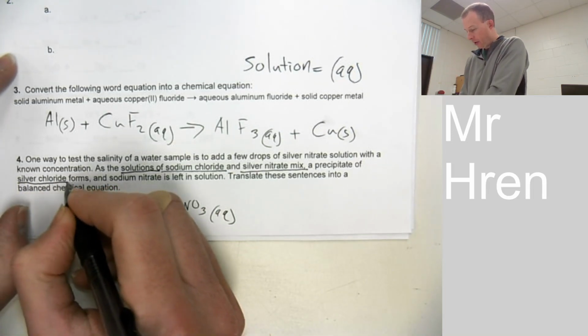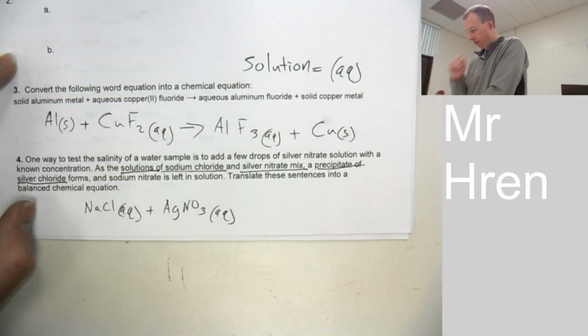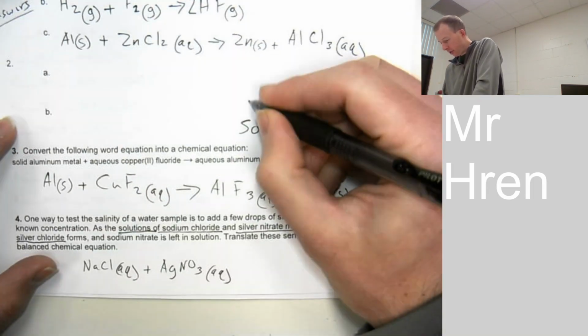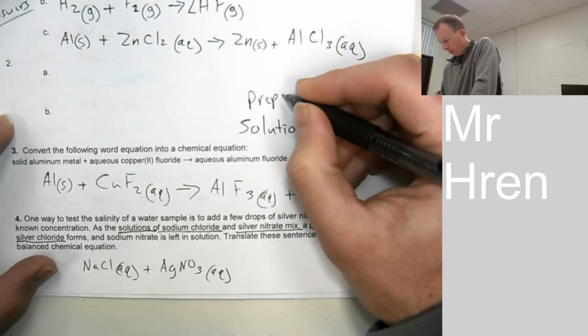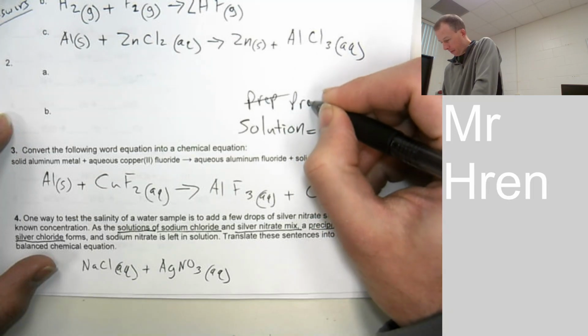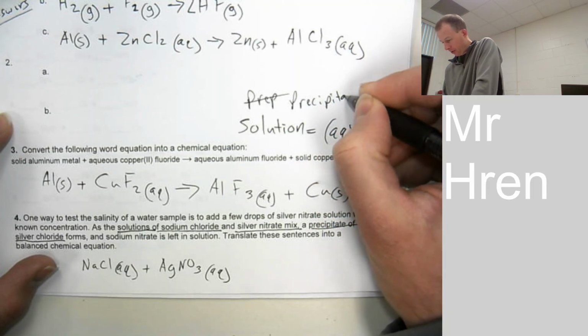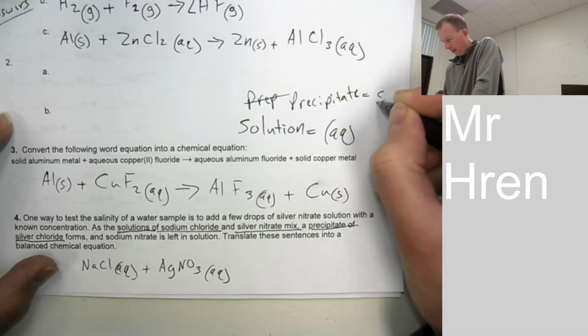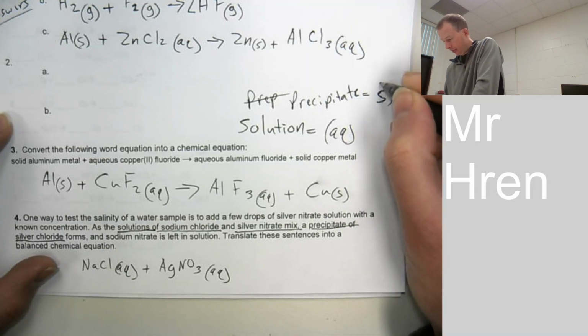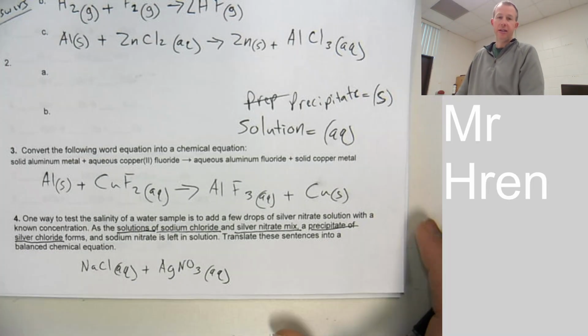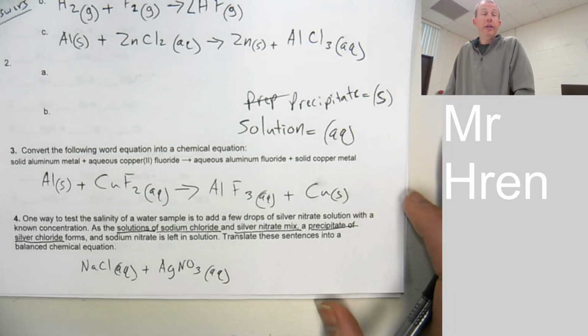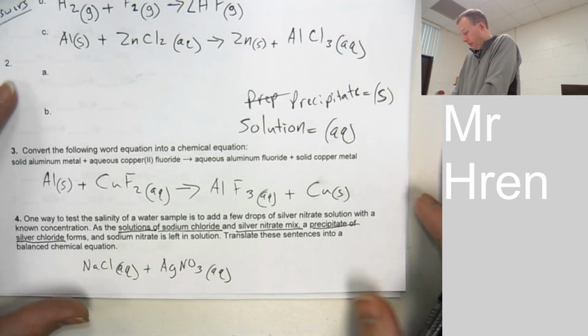So this precipitate thing, that's a new thing for you. Have you ever seen the word precipitate? That means that something is a solid. It's not rain, it's not precipitation. It just means that something is a solid.